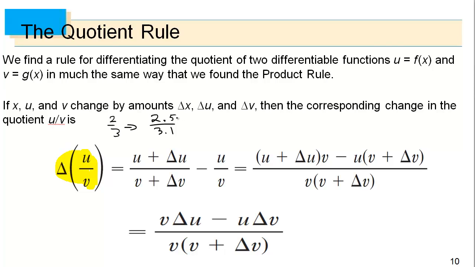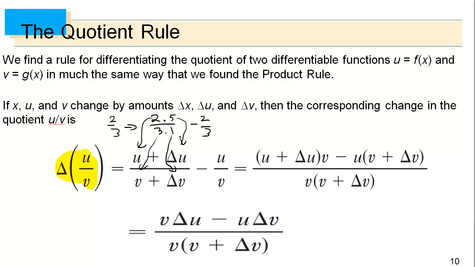So 0.5 is my change in u, 2 was my original u, right? 3 was my v, 0.1 was my change in v, and I take that and subtract the 2/3, and it tells me how much that fraction has changed. It's gone from 2/3 up to 2.5 over 3.1. If you do the math, which is some ugly math, you'll get how much that fraction has increased in this case. Remember, it doesn't always have to be a positive increase, but it just makes it easier for our brains to understand it.